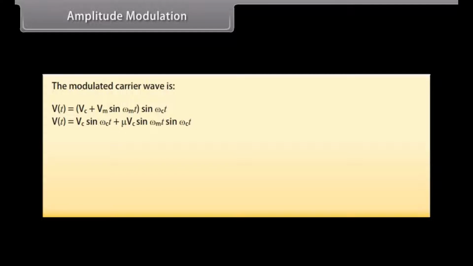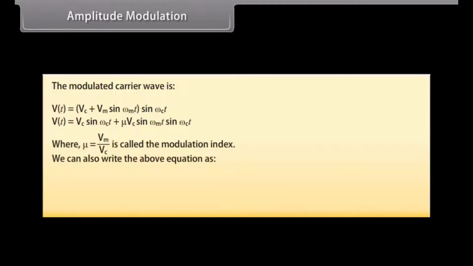ωc t, which can be written as v(t) = Vc sin ωc t + μ Vc sin ωm t sin ωc t, where μ = Vm/Vc is called the modulation index.